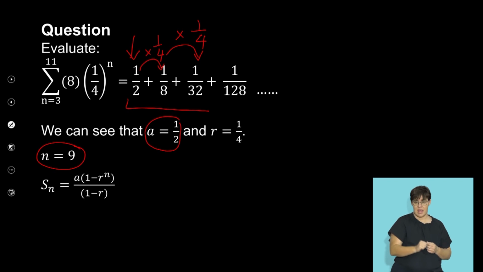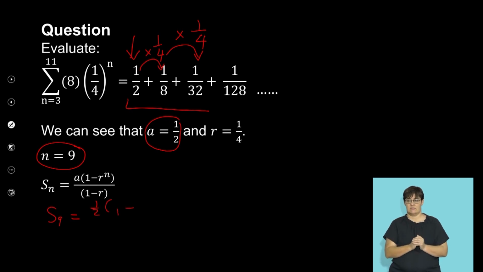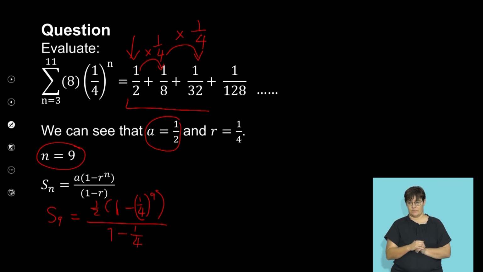Because I have my a, as well as my r, as well as my n, I can substitute into Sn. So the sum of the first 9 terms will be equal to a half times 1 minus a quarter. This is going to be to the power of n because there are 9 terms involved in this sum, all over 1 minus a quarter.